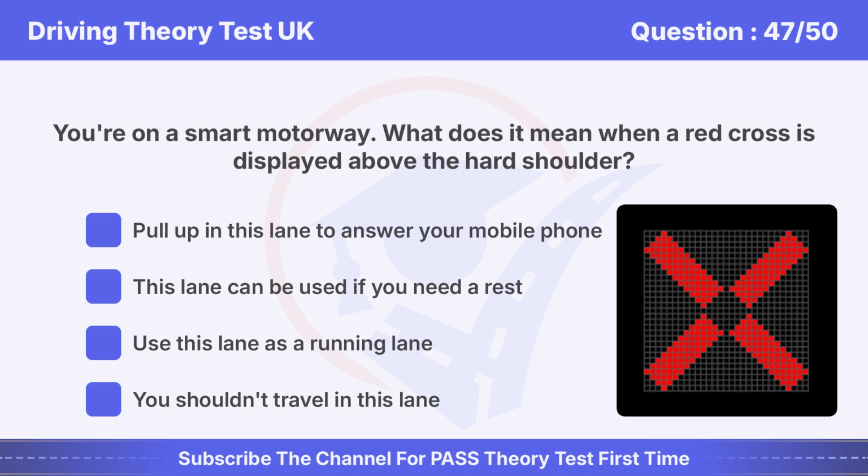Question 47. You're on a smart motorway. What does it mean when a red cross is displayed above the hard shoulder? Answer is D. You shouldn't travel in this lane.